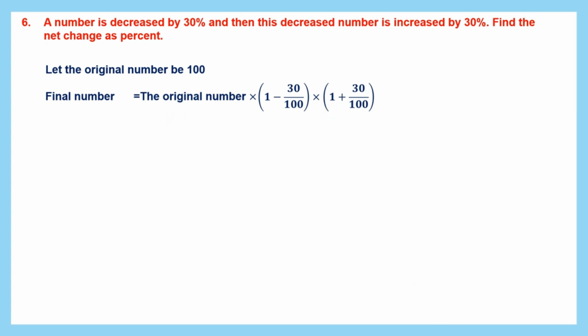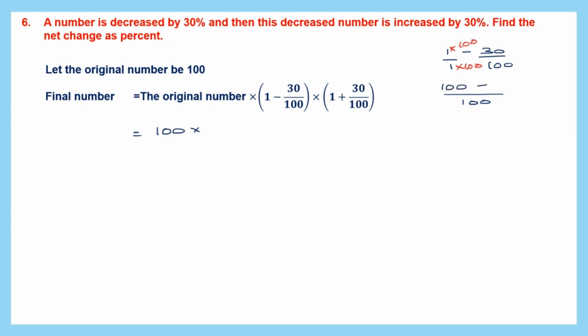So the original number is 100 into 1 minus 30 by 100. So let's work that out. 1 minus 30 by 100. Denominator is 1. So we find the LCM, that is 100. And here we say 1 into 100. So we multiply this also by 100. So that becomes 100.